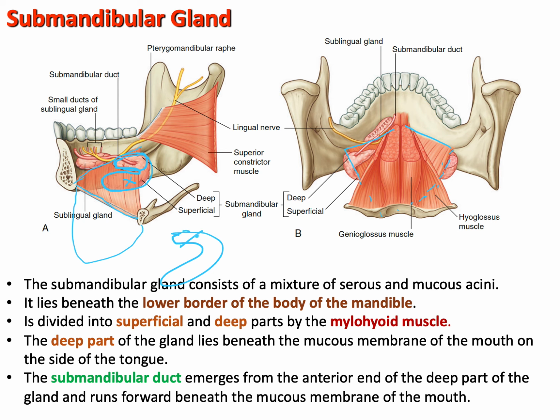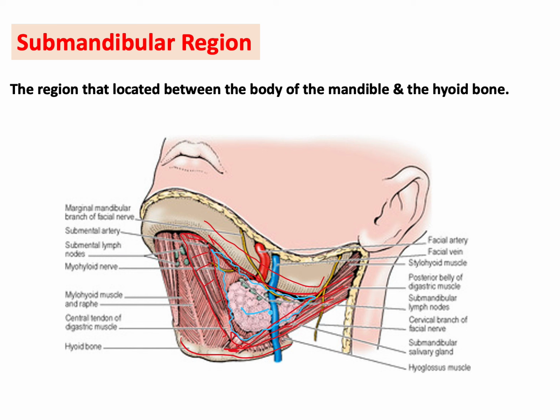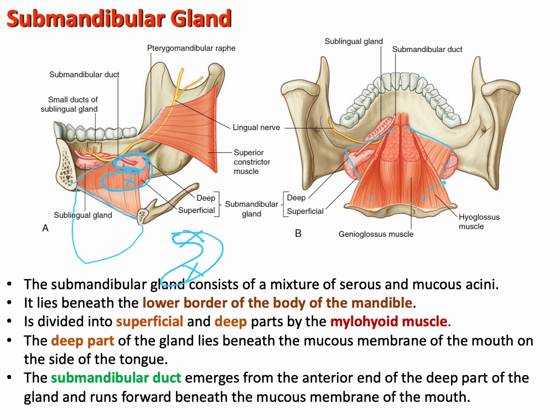So this part is deep and this part is superficial. For example, here you are looking at the superficial part. Here also, this is the deep part of the gland, and it continues here as the superficial part.